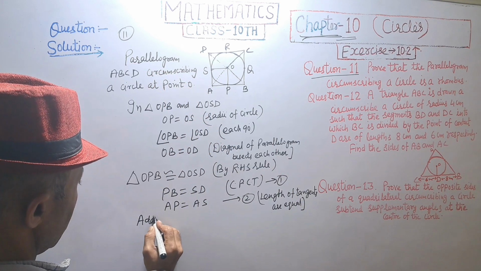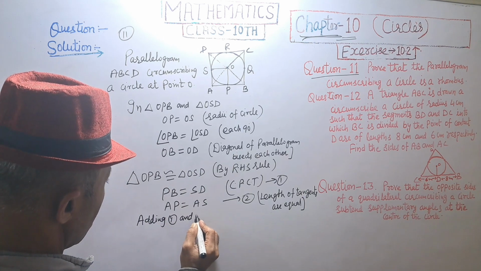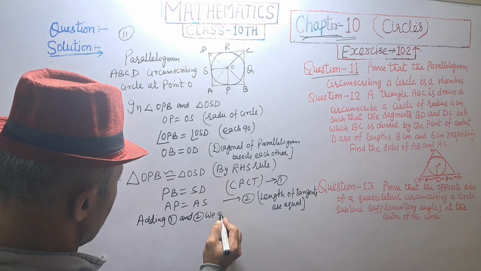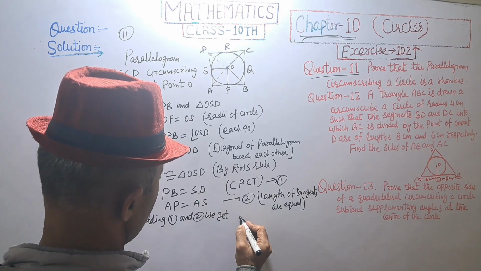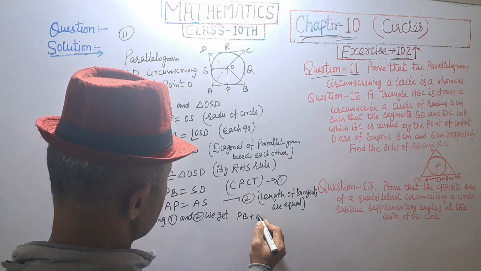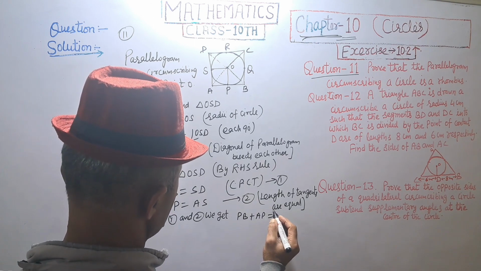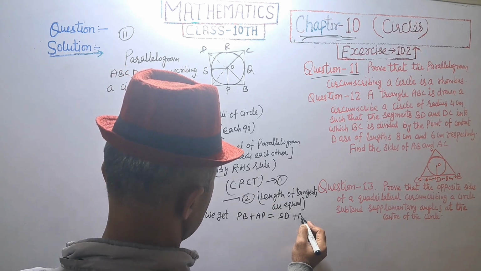Adding first and second, we get PB plus AP is equal to SD plus AS.